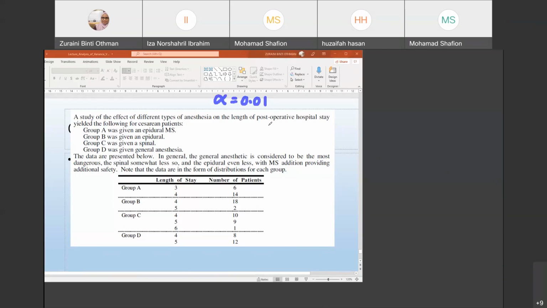for the null hypothesis, there is no difference, which is the same effect. And for the alternative hypothesis, there is at least one different, right? Okay, this is the hypothesis for this study.